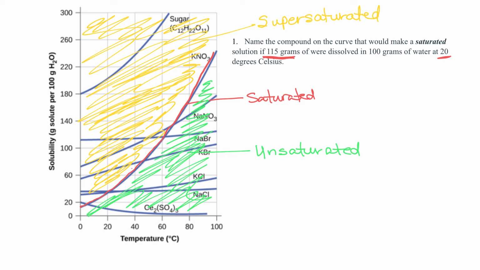And hopefully there's a line there that it intersects with. We're looking for something to be saturated, so it's got to fall on the line. So here's 20, and we go up to 115 grams, which is about right here.